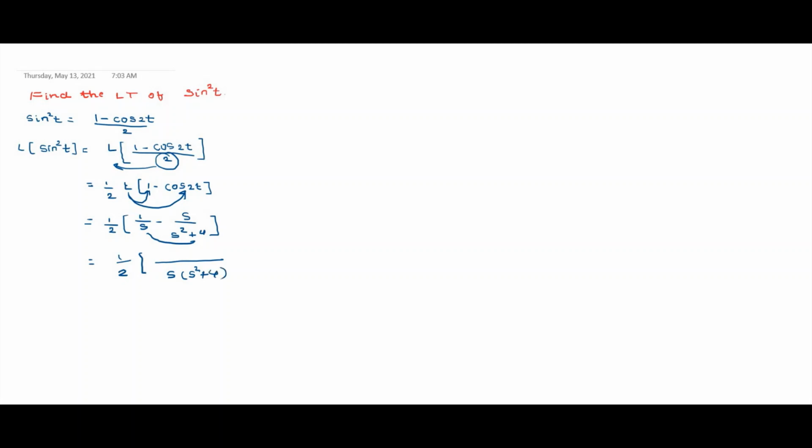Now by using cross product, 1 into s square plus 4 is s square plus 4, and minus s into s is minus s square.